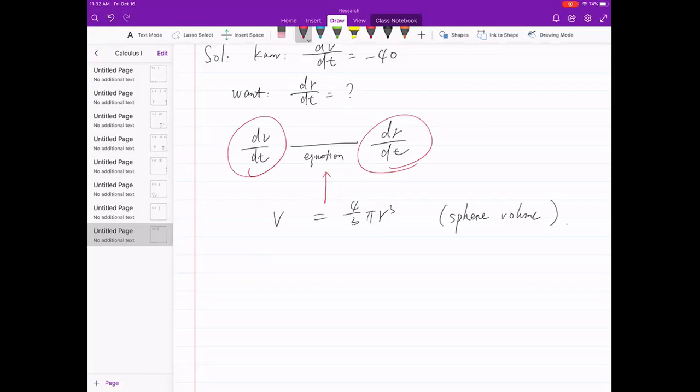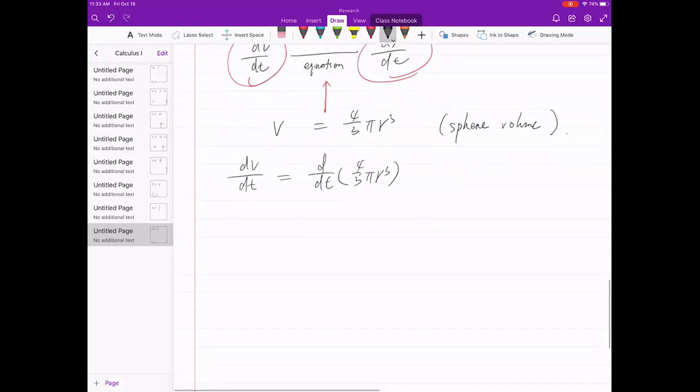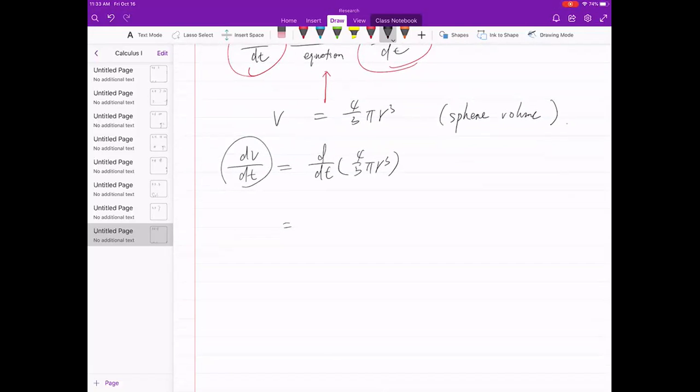You just take the derivative on both sides by implicit differentiation. When you finish, you're going to have y prime, x prime, V prime, r prime, whatever prime, right? Then the equation starts to involve the rates. That's how we do it. So take the derivative on both sides. This is already good. What's the derivative of 4/3 pi r cubed?